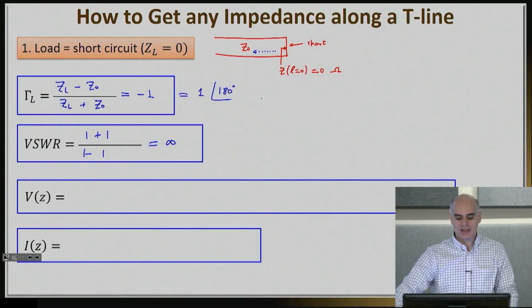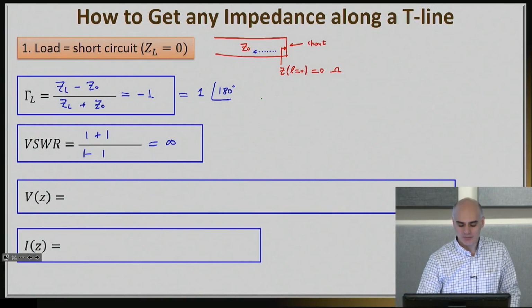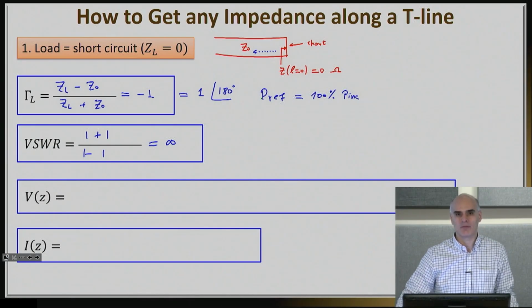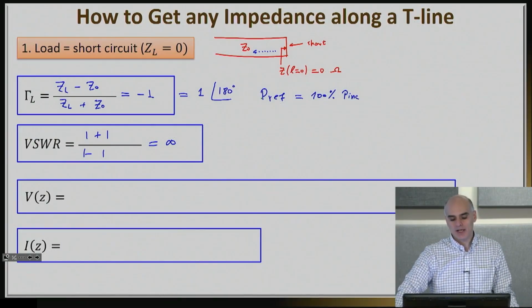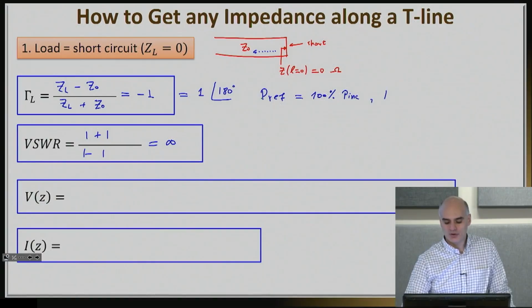Even though I'm not writing it here explicitly, I do want to remind you that this means that P reflected is going to be equal to 100% of the P incident, since my magnitude of gamma L is equal to 1. And that should not really surprise you, because the short circuit consumes no power. So the power at the load, which is the incident minus the reflected, should be equal to 0.